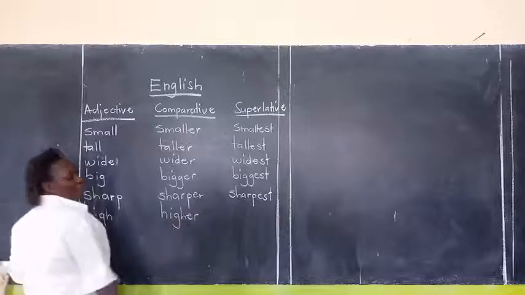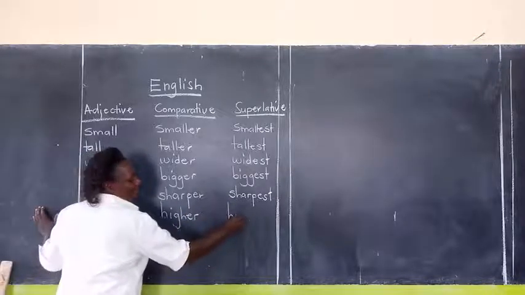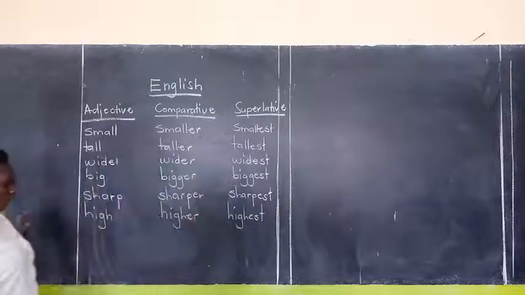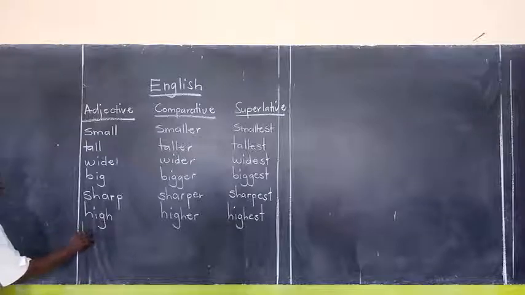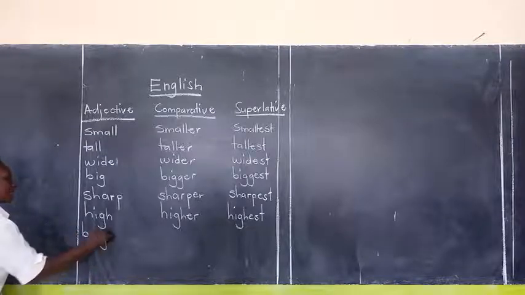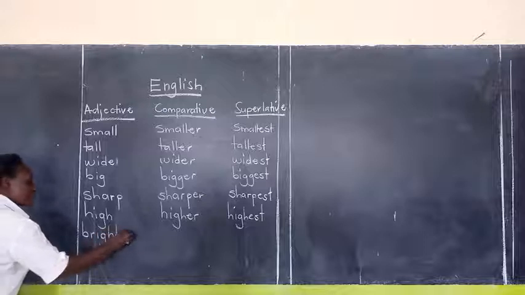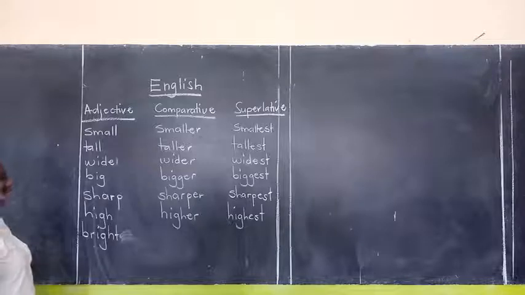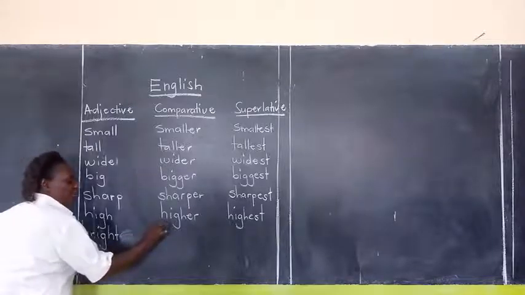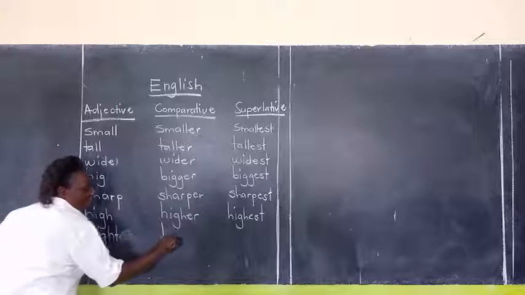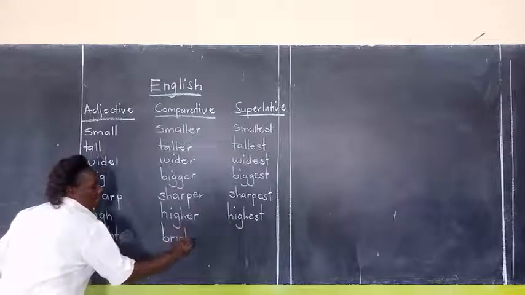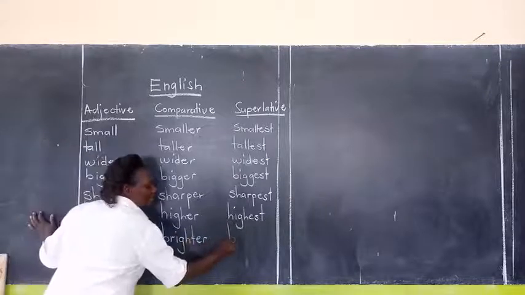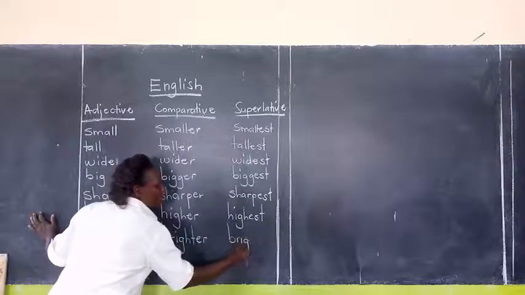When you go to the superlative, we say highest. You can say bright as your adjective. This girl is bright. But when you look at another one, you find that the next person is again brighter than the first one. Brighter, you add er. Then brightest.